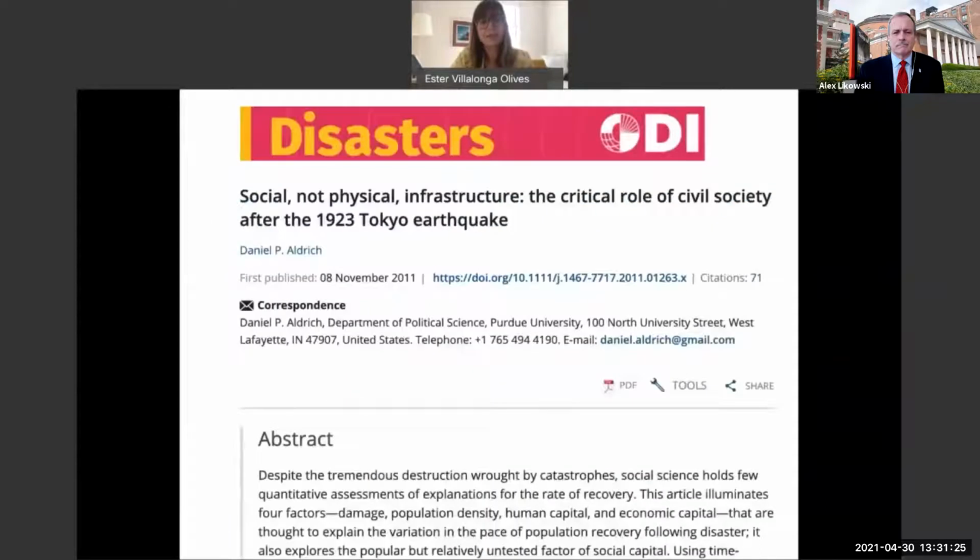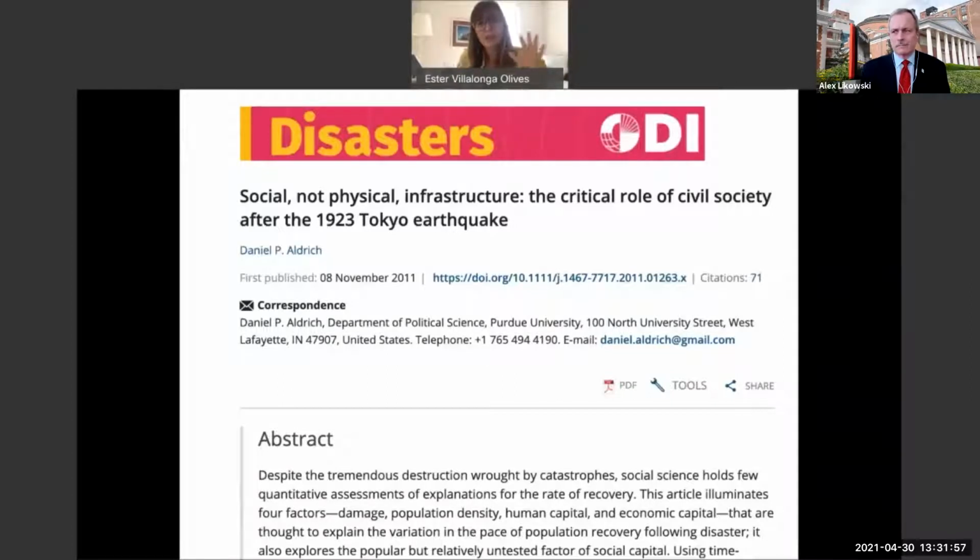Interestingly, Professor Aldridge from Northeastern University talked about the different roles social capital had, specifically the 3 types of social capital I just mentioned, in the response to a public health threat, or, for example, in the aftermath of a disaster such as the Tokyo earthquake that happened some time ago. But he has literature about the role of social capital in the aftermath of Hurricane Katrina, among other disasters.